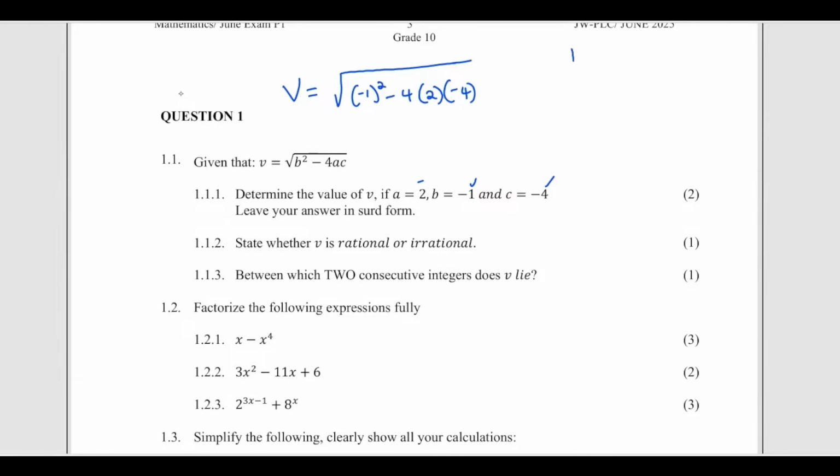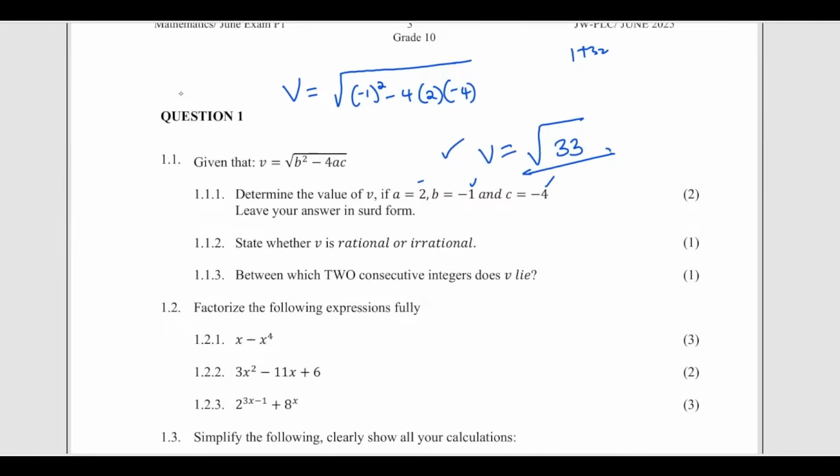And then 4 times 4 is 16, and 16 times 2 is 32. So it's going to be 1 plus 32, which gives us 33. So the answer here should be the square root of 33. That is what we have for 1.1.1.